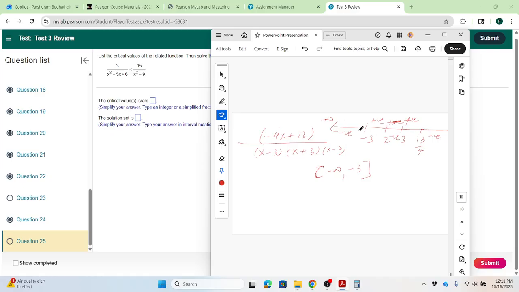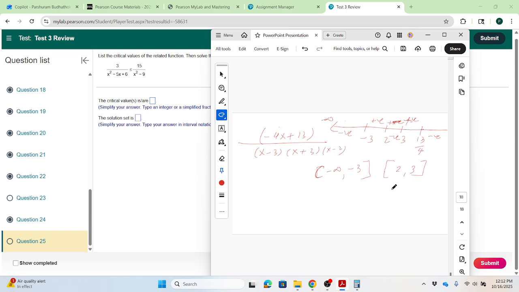So from here, looking at the intervals where the function is negative: from negative infinity to negative 3, sorry, we're looking for negative. Then from 2 to 3, that is negative.